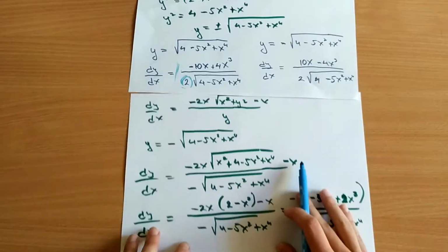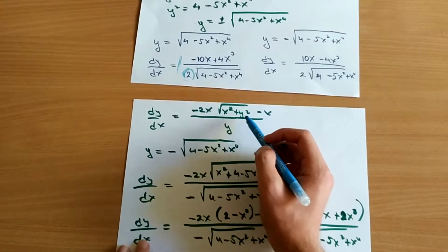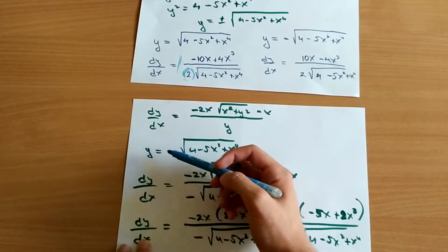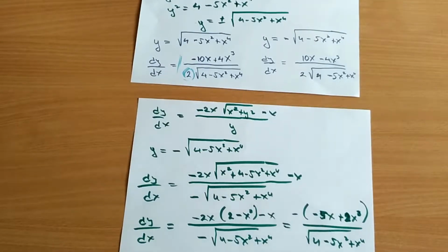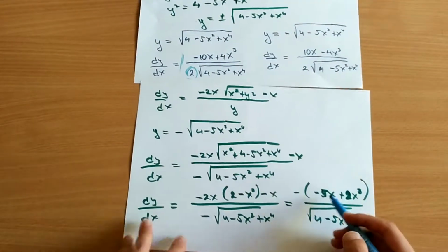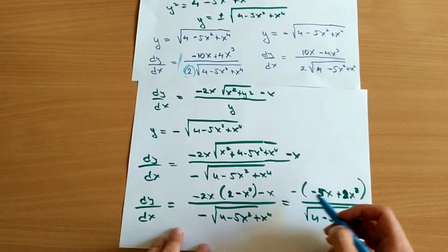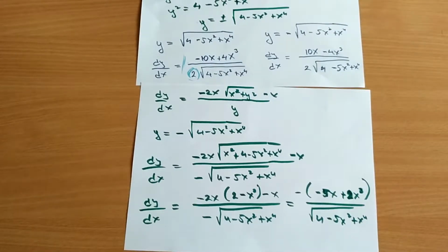So if we replace y in this equation with the negative square root of 4 minus 5x squared plus x to the fourth power, through solving we will get that dy over dx is equal to minus of minus 5x plus 2 times x to the third power over the square root of 4 minus 5x squared plus x to the fourth power.